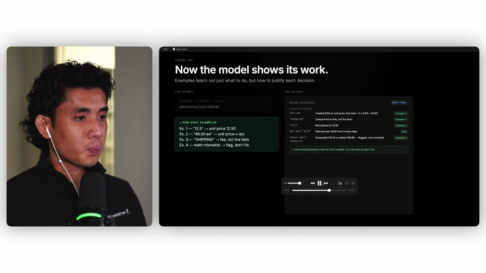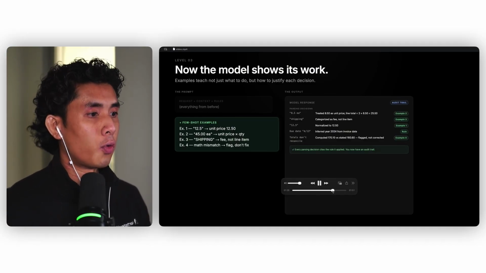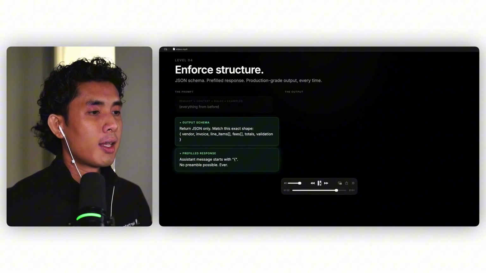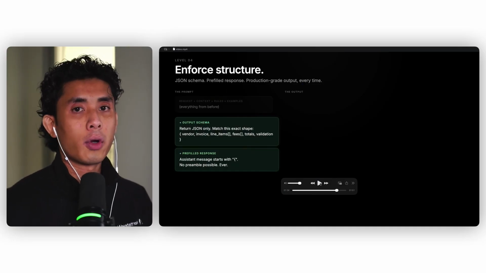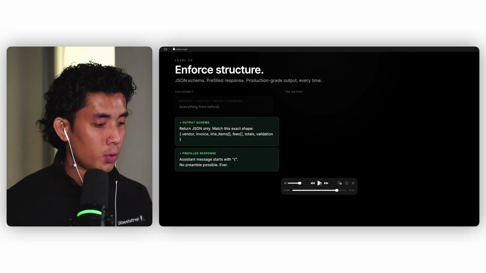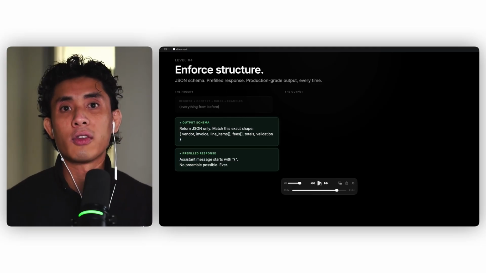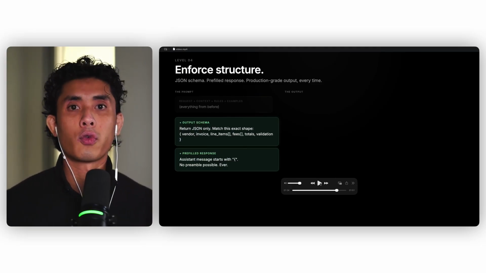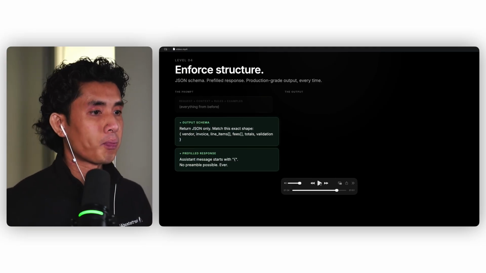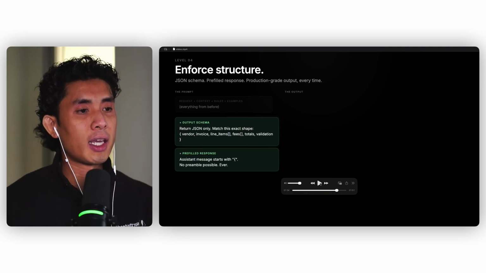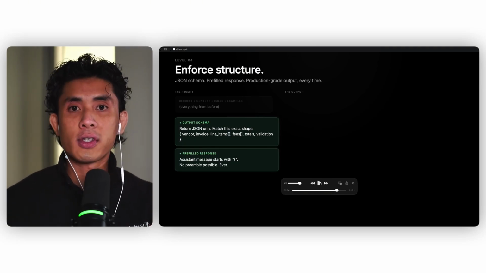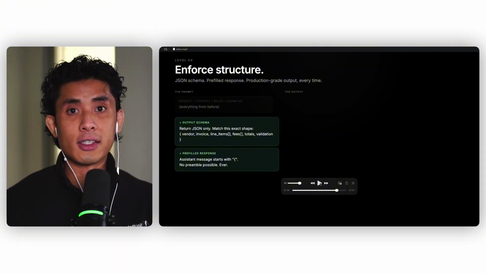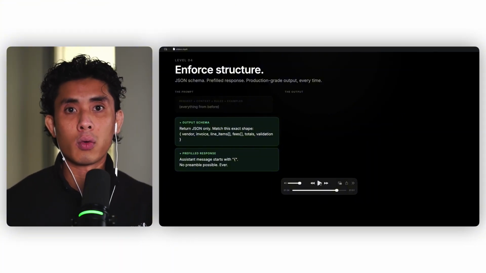Now, let's go into level 4. So let's say that for level 4, you want to be able to enforce some sort of structure for the output. And in this example, you want to be able to enforce a JSON schema anytime the model runs.